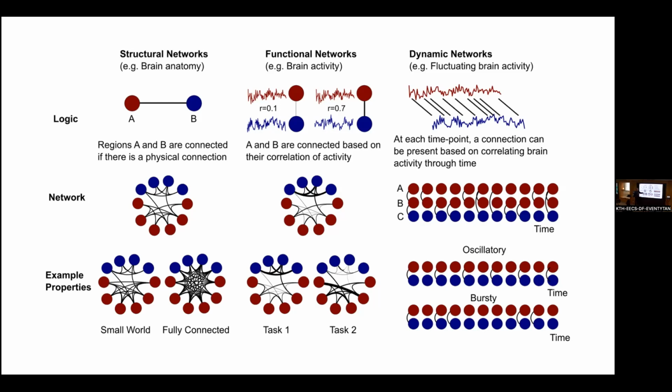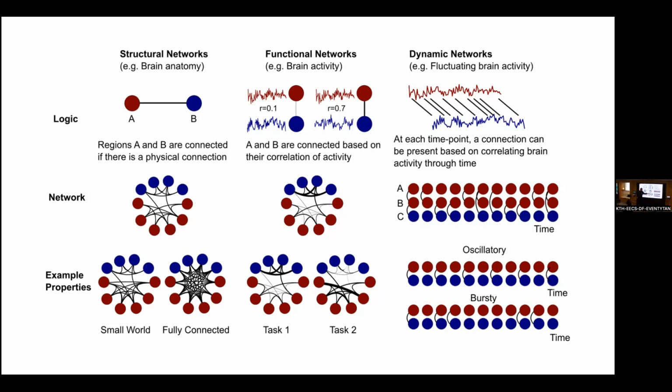It could either be quite weak, correlation coefficient 0.1, or stronger. So the strength of connectivity is determined by the degree of correlation. And then again, we can parcellate the whole brain and model it as a network. Each brain region is a node in this network, and there is an edge between them if they are correlated over time from fMRI data, for instance. And the wider edges here signify a stronger correlation.